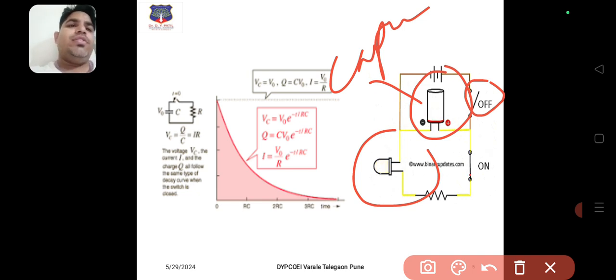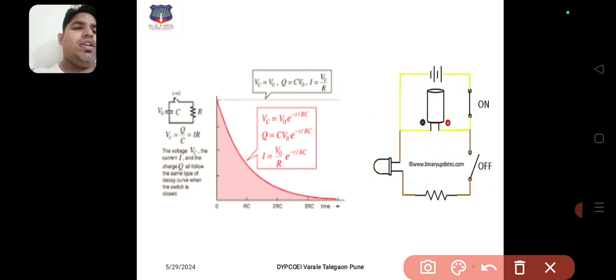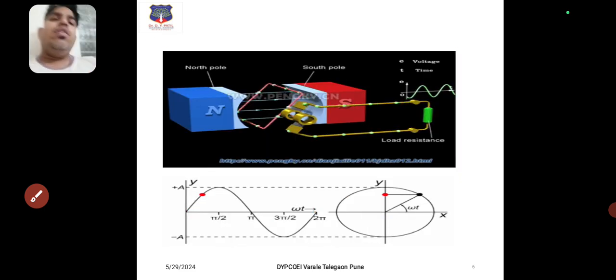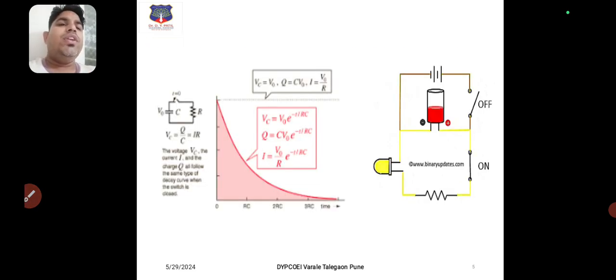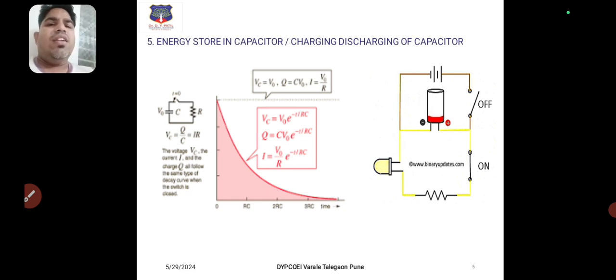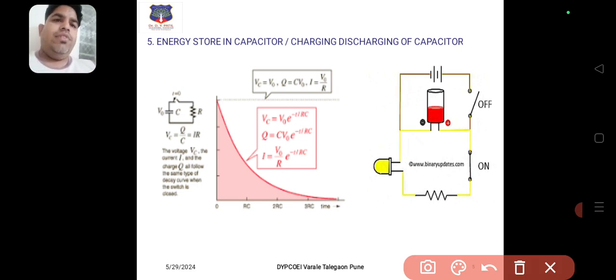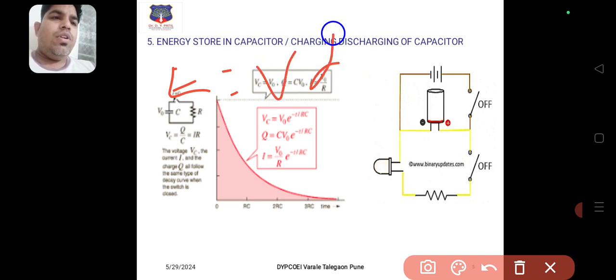We will take the next topic, the energy stored in the capacitor. We can also derive it. E is equal to integral of V into dq.